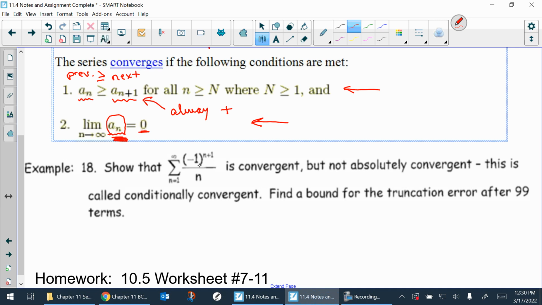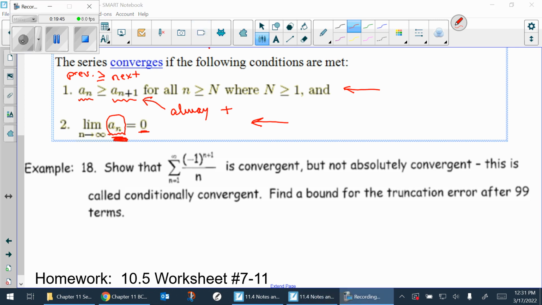Let's show that this thing is convergent. Now, to show that this is convergent, this is an alternating series. Remember that n starts at 1.